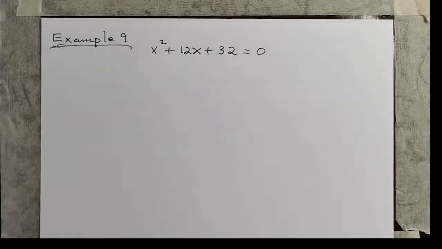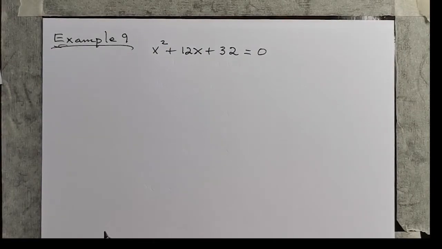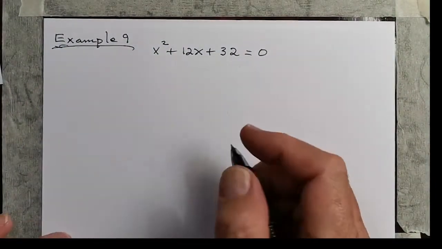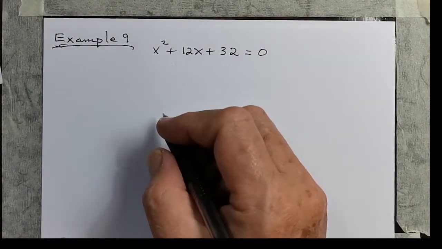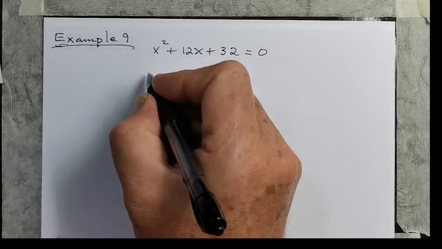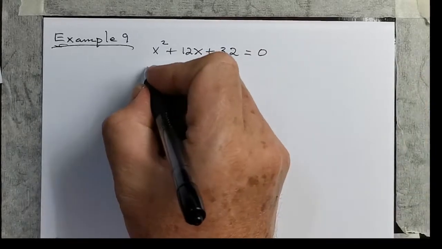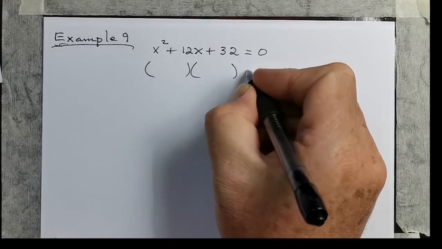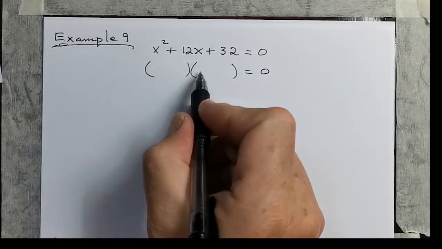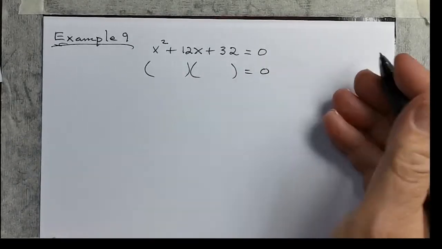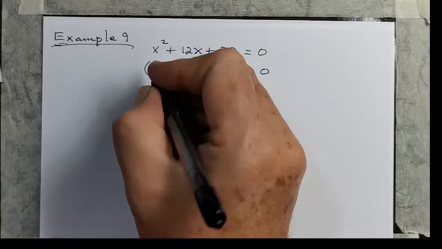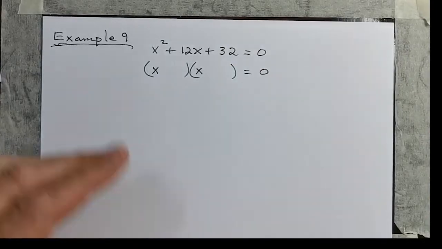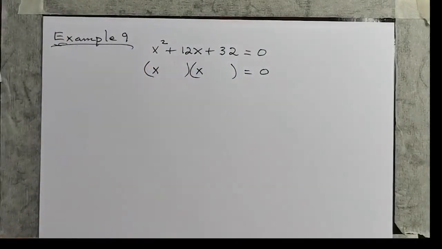Now let's factor this and see if we can get two factors, the product of which equals 0, then we could solve for x. So what are the factors here of x squared? It's 1x squared. So we know right off that our first terms, if we use FOIL, first, outer, inner, last, our first terms just are x and x. There is no other option, x times x, x squared, because it's 1x squared.